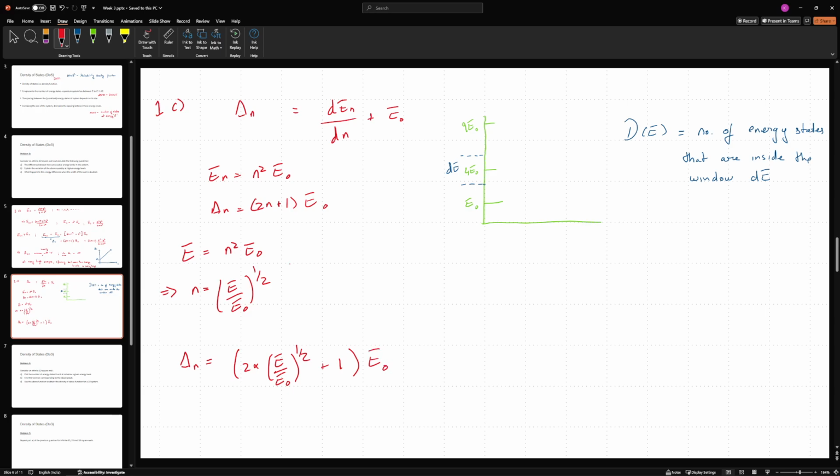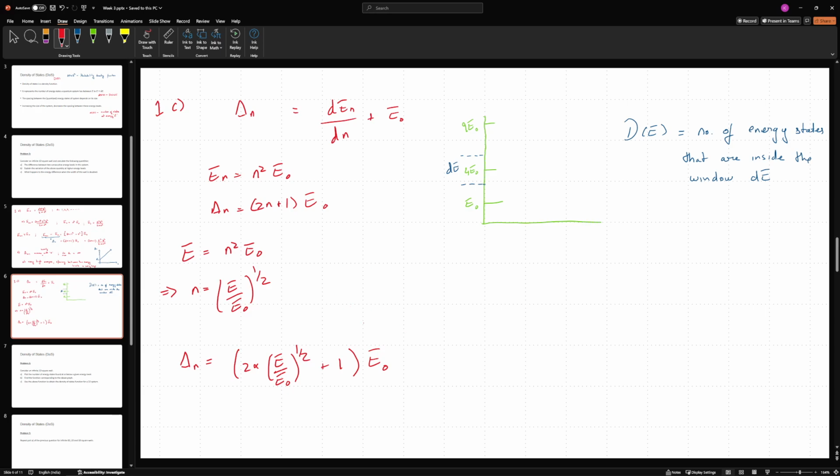So just remember this definition, ignore what I previously said. I was trying to move ahead a few steps. I can just use this to get the relation for n, because if I'm asking what my n value is at a certain energy, this is how I will calculate it.